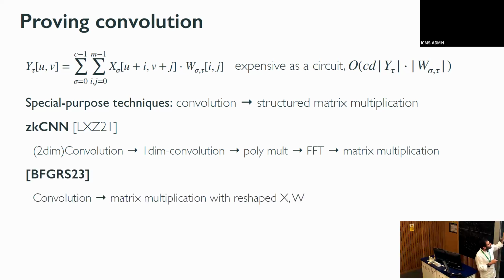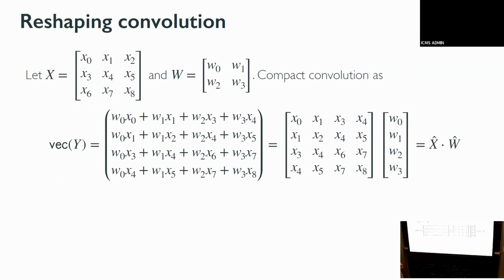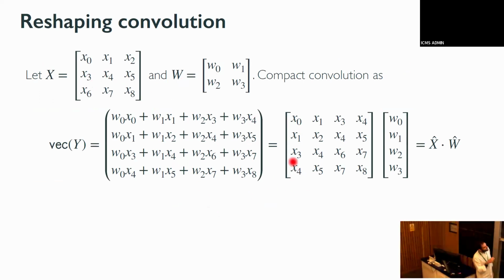What we did in our work was a different kind of encoding. I'm going to show it. It's a reshaping idea so that we can encode it with matrix multiplication. So, what's the idea? Essentially, if you want to compute the convolution of X and W, you can express it as the multiplication of this matrix, which is like X with some redundancy.